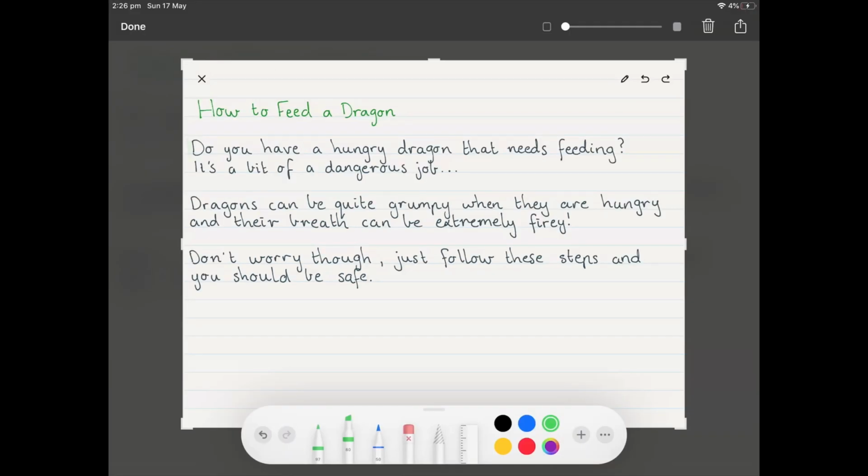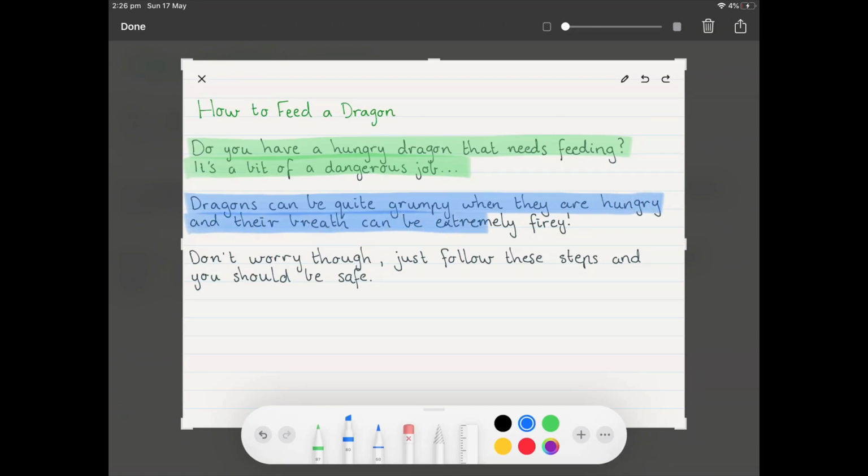So just like in the goal of How to Wash a Woolly Mammoth, I have here in the green my question. And then here in the blue, I've got the tricky bit explaining why it's such a tricky, dangerous job. And together, these parts make the goal of our procedure.